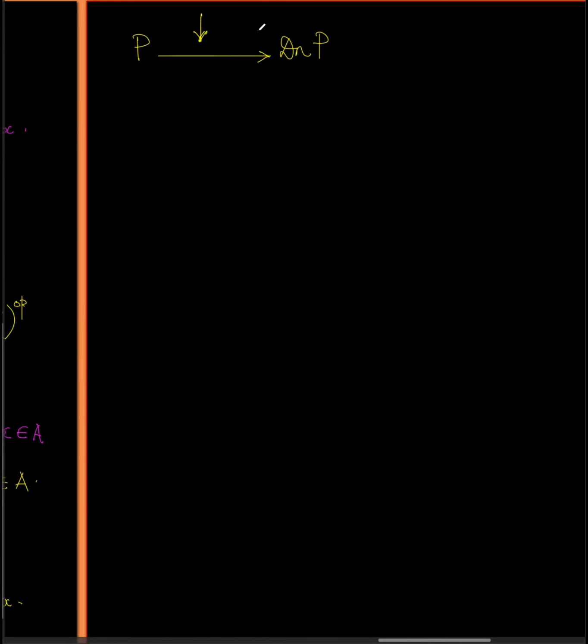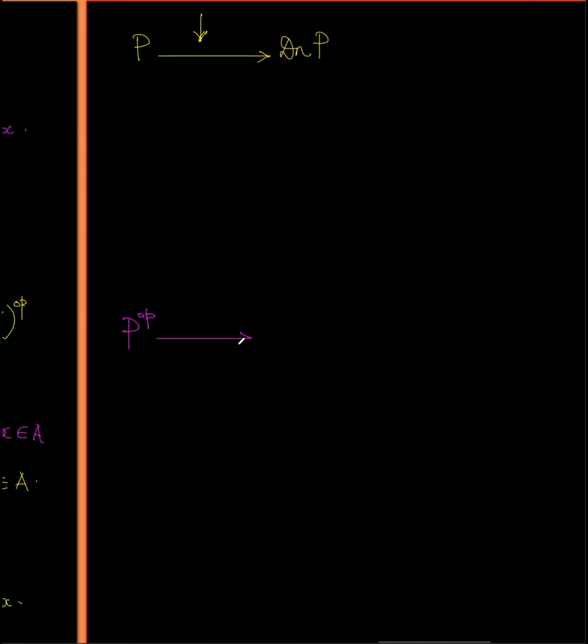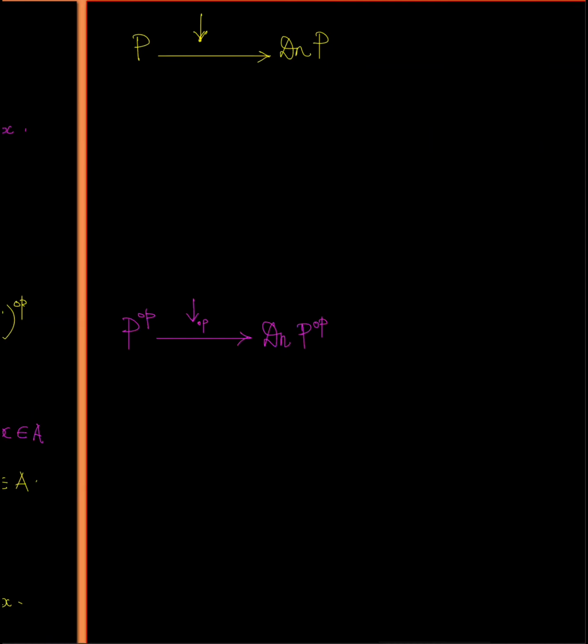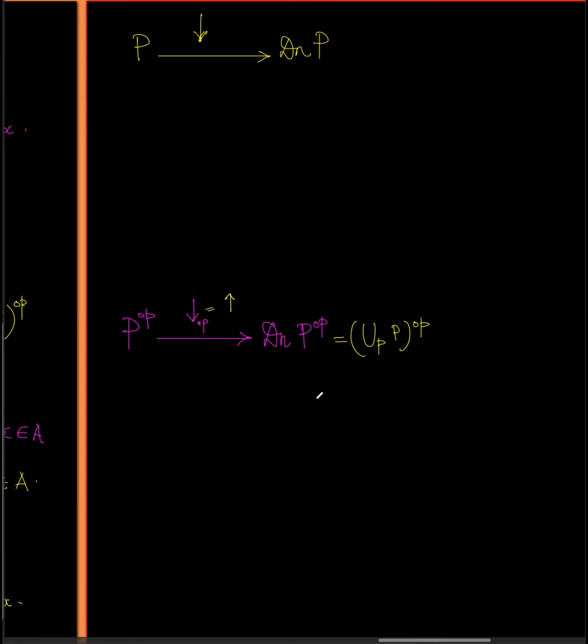Let me now write this, so this one would become this, but I know that this is equal to up of P op, the opposite of up of P. So this whole picture therefore translates to this picture.